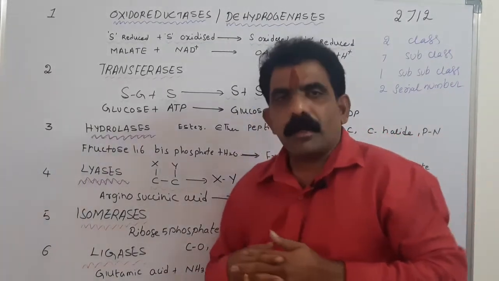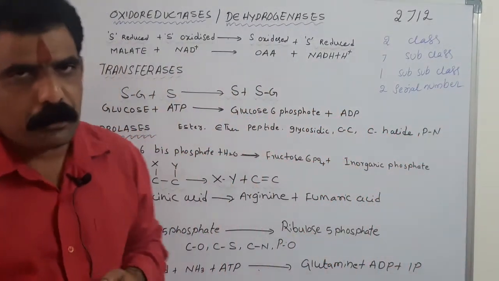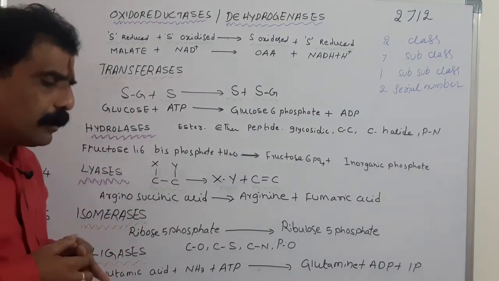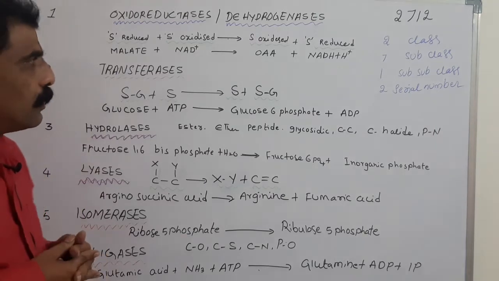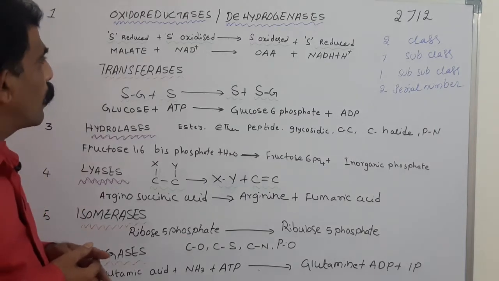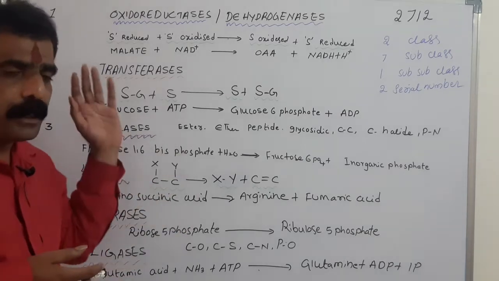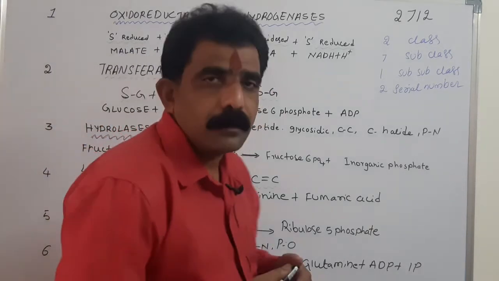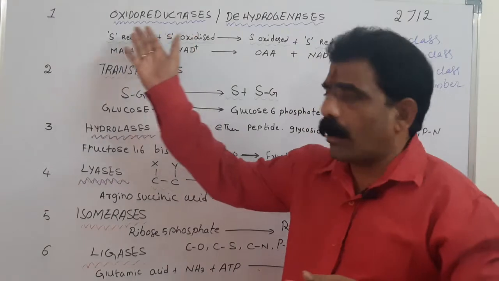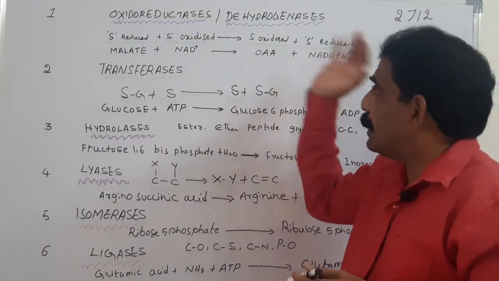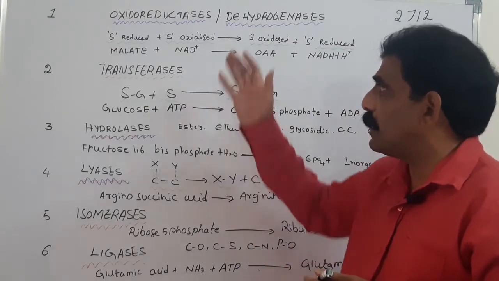In this session, I am going to discuss classification of the enzymes. According to the IUB, International Union for Biochemistry, the enzymes are classified into 6 major groups known as oxidoreductases or dehydrogenases, both are one and the same.